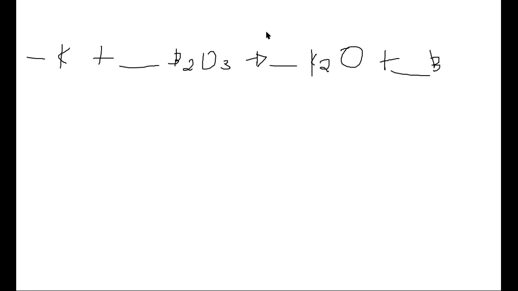If I'm talking to myself, we can already see that the oxygen on the left side is 3. While on the right side, it's 1. So 3 divided by 1 will be 3 here. The number of K would be changed and the B. So therefore, the oxygen is already balanced with the left side of the equation.